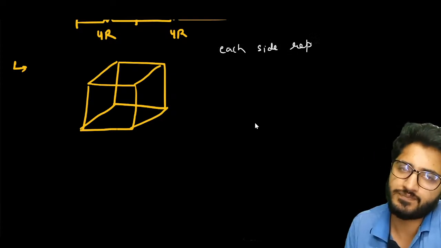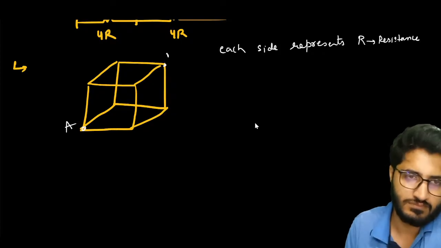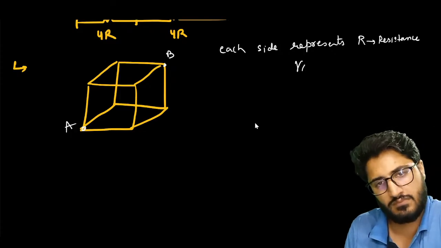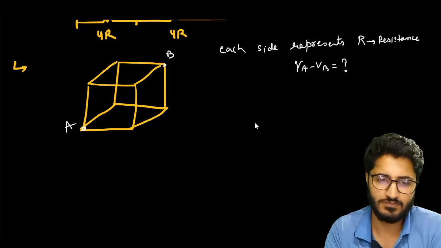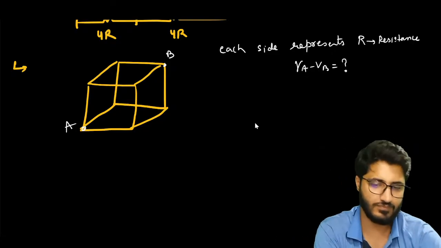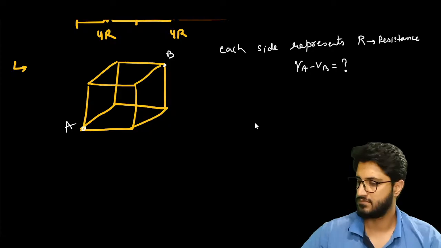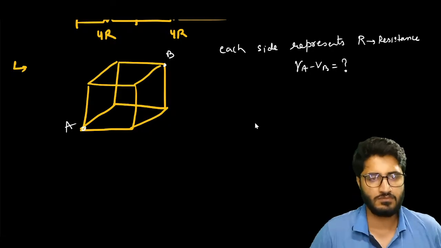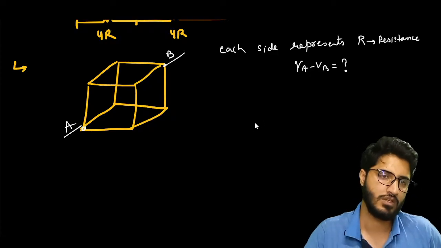Each side represents R resistance. Find VA minus VB. Okay, VA minus VB. You need to do this one. Homework numericals.